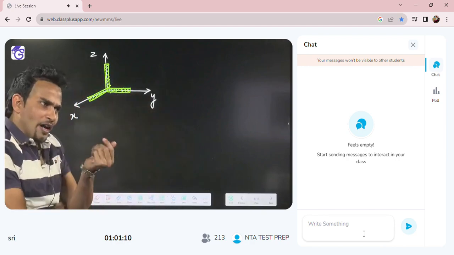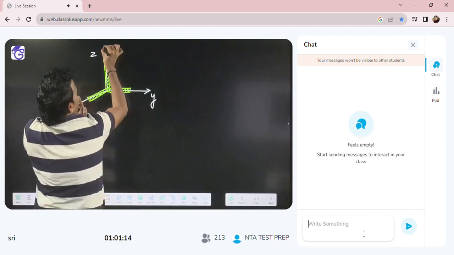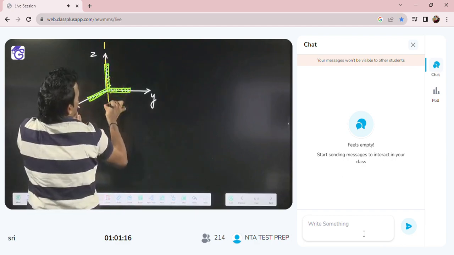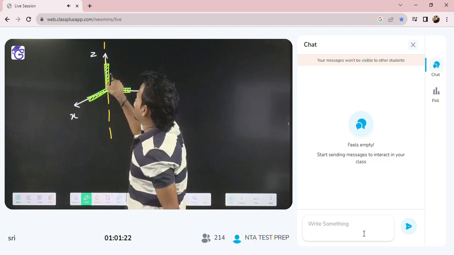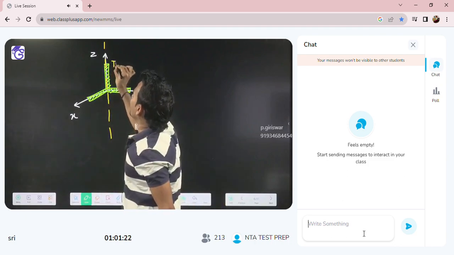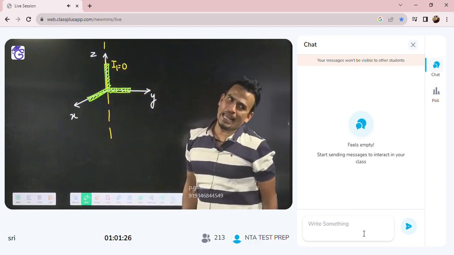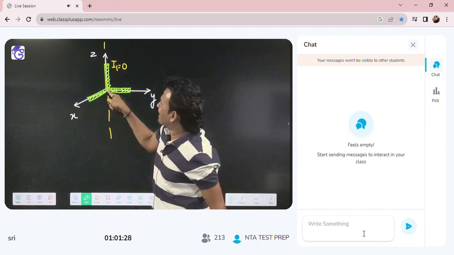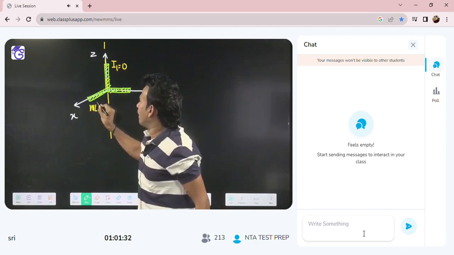One rod is already on the axis, which is our axis of rotation, so for this rod the moment of inertia will become 0. For this rod the axis is at the end, so ml square by 3.